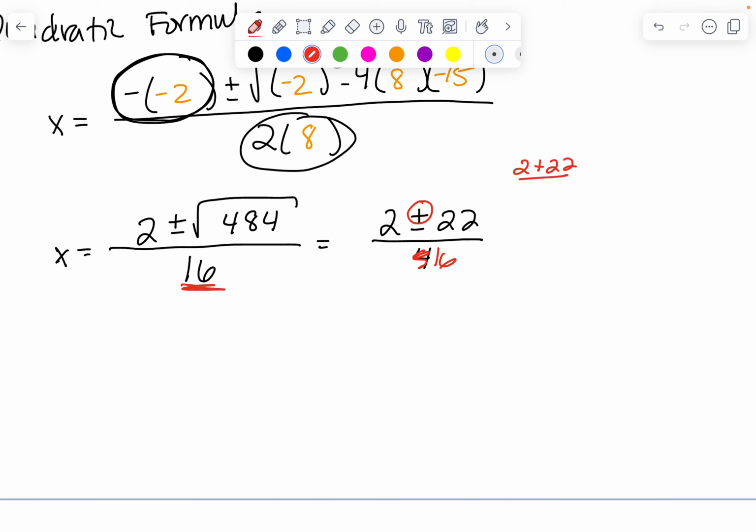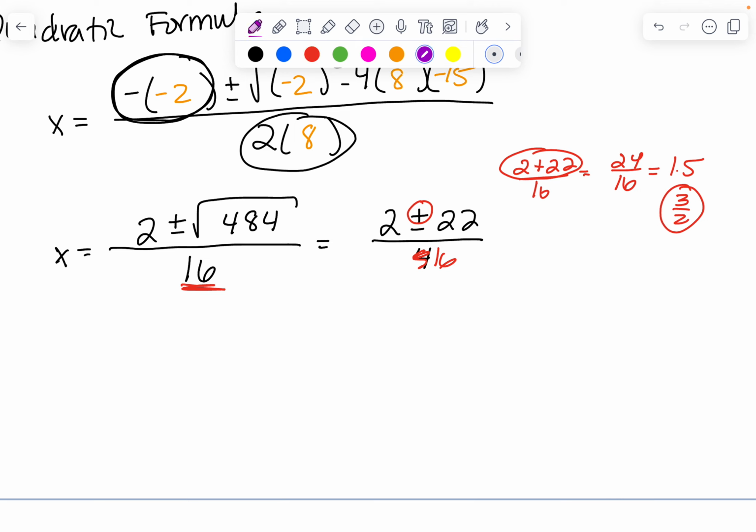I don't know why I wrote a 4, that's wild. It's 16. Do the tops, and then you can divide it out. I would not write it as a decimal, but you could get 1.5. Or if you hit math, enter, enter, that's 3 halves.